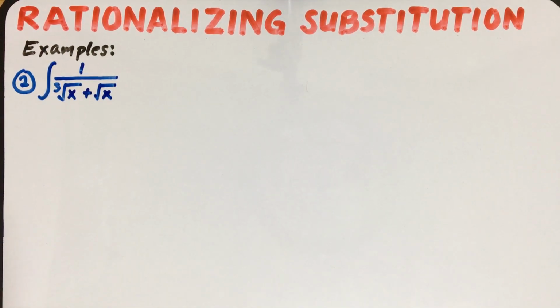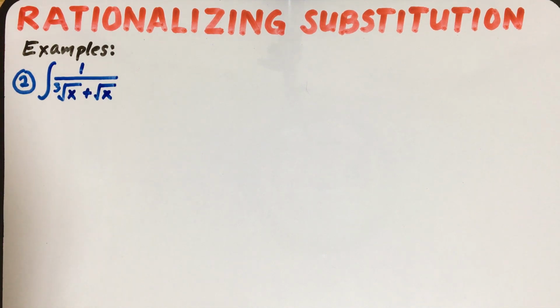Today we are going to discuss the second example of rationalizing substitution. As mentioned before in our first example, the purpose here is to change the irrational fraction into a rational one.